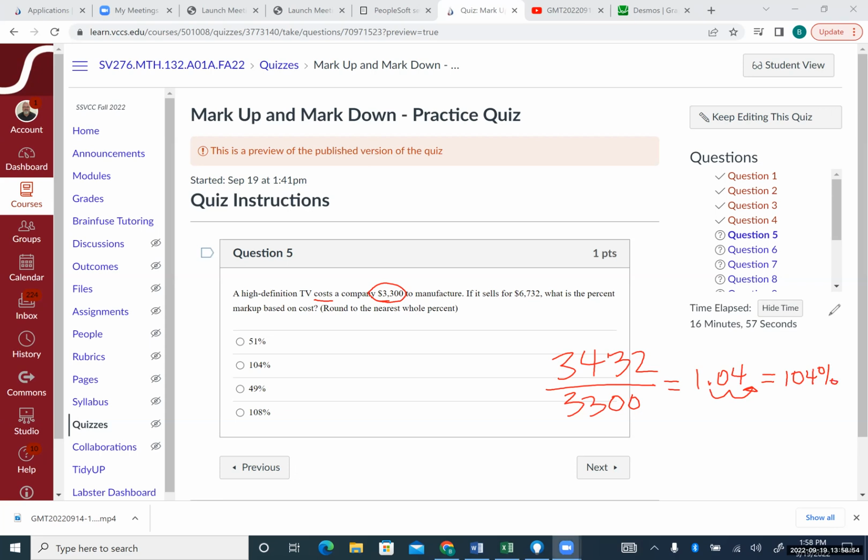Now I know that sounds like a big markup, and it is, but what the markup is really depends on what business you're in. If you're selling pianos and you buy a piano to put in your store and it's going to sit on your floor for a year before you sell it, you have to get a larger markup, as opposed to something that you turn over several times a day.